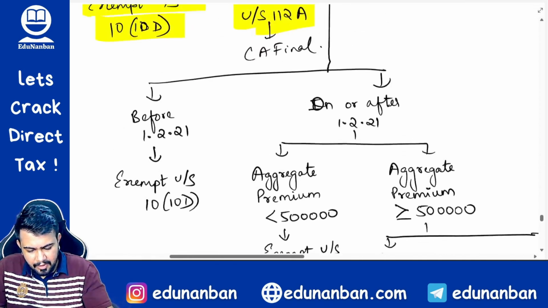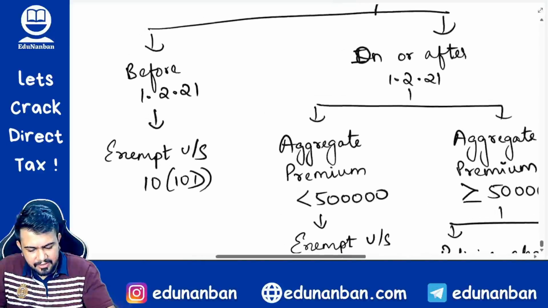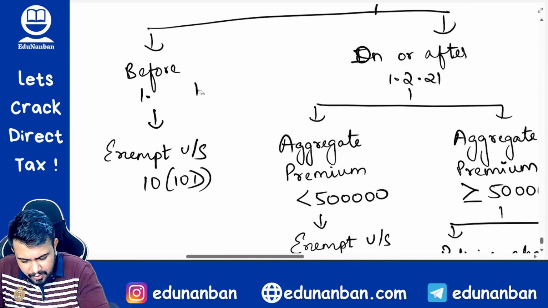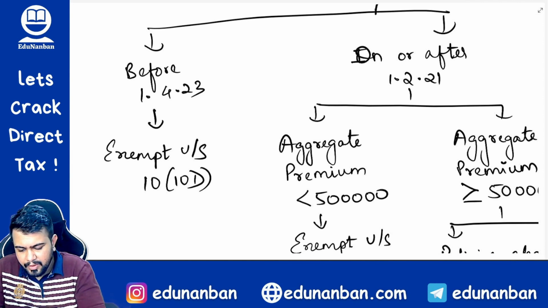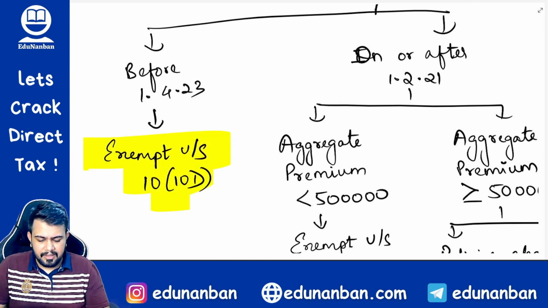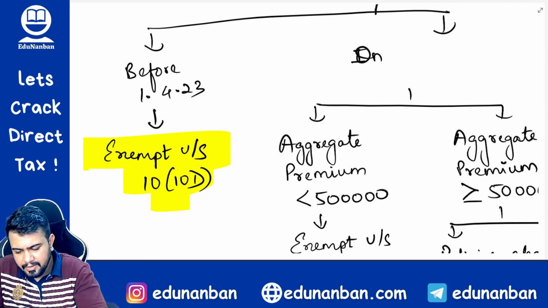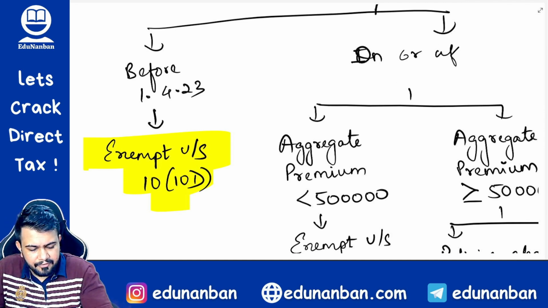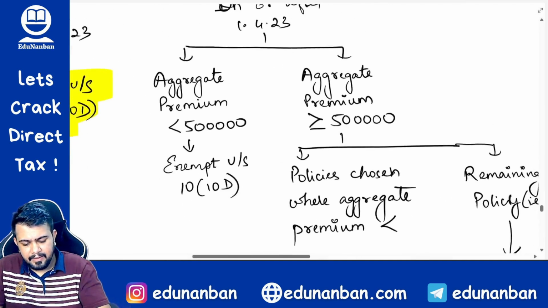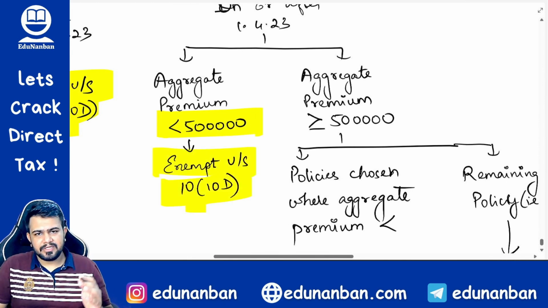Now let us discuss about the other than ULIP. In case of other than ULIP, I'm sorry, here you have to make a small change. If the policy is issued before 1/4/2023, then it will be exempt under section 10(10D), and if the policy is issued on or after 1/4/2023, then if the aggregate premium is within 5 lakh, it will be exempt under section 10(10D).